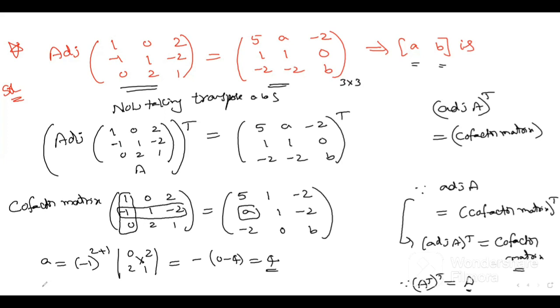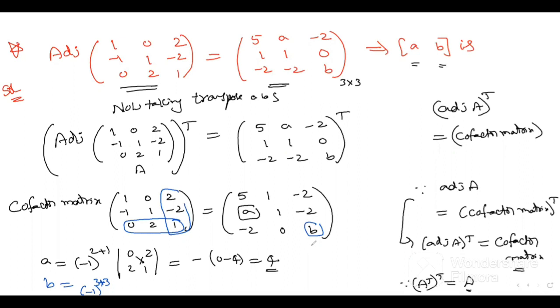Now I am going to explain the b value. Here, what is b? b is the third row, third column element, so minus 1 power 3 plus 3.